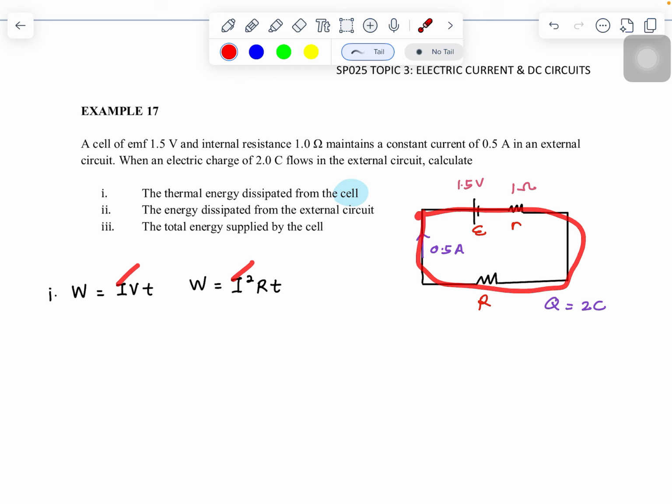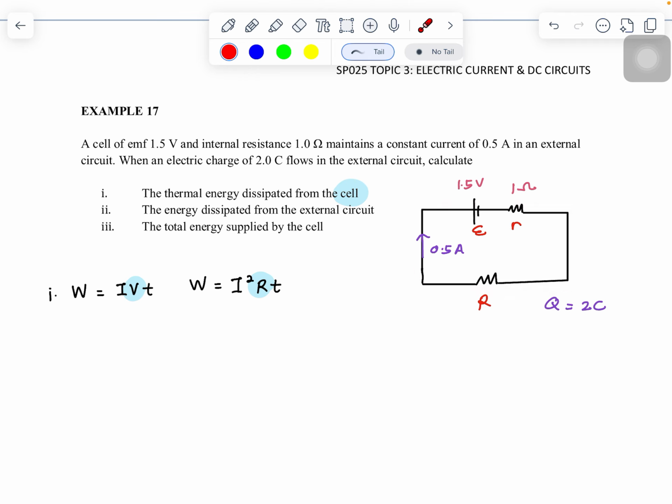Okay, so kita mau cari daripada cell, daripada external, dia tak akan berbeza sebab dia series. Okay, yang membezakan adalah V dan juga value R dekat sini. Dua value ni akan berbeza mengikut di mana kita mau kira value tersebut. Time akan sama sebab the moment kita connect dengan battery, masa yang diambil untuk current tu bergerak dalam circuit tetap akan sama. So yang beza ada dua ni sajalah.